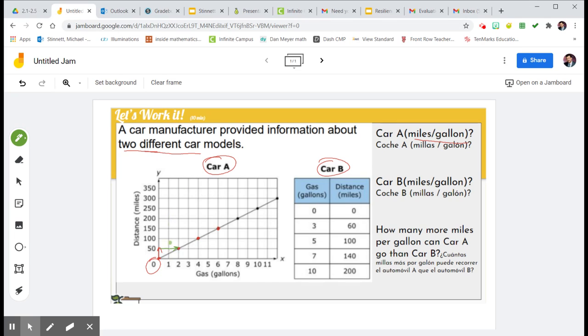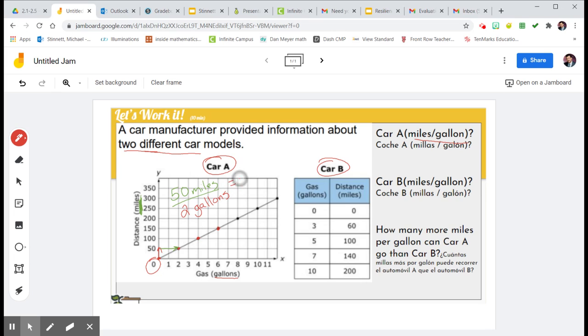So we could look at this and say, okay, we know this is 50 miles. 50 miles for every 2 gallons. For every 2 gallons.